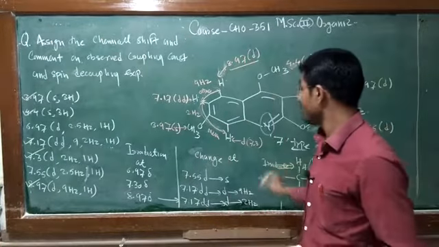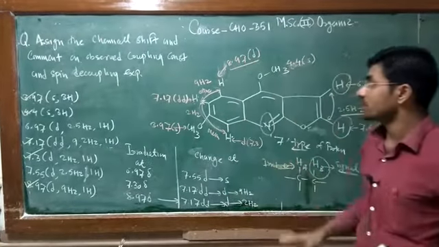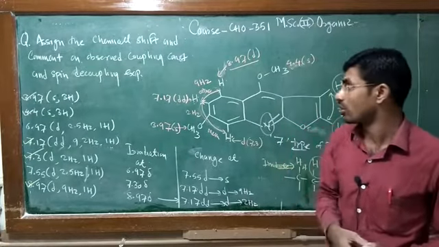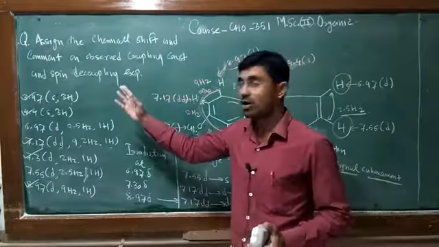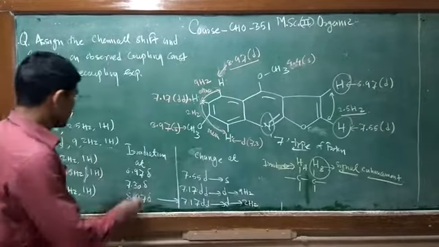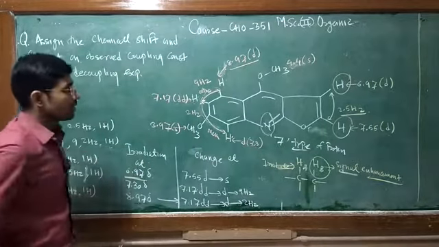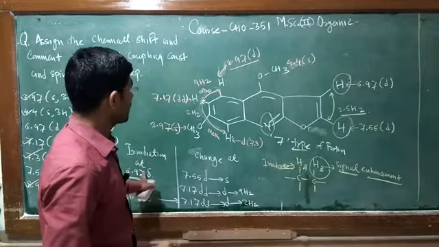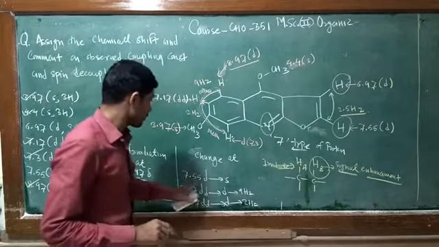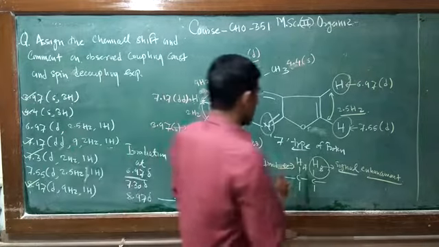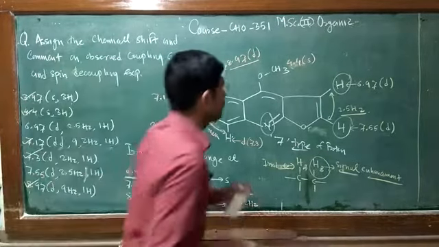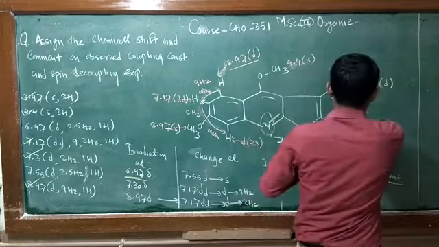In NMR, this is nothing but homonuclear decoupling. After irradiation, homonuclear decoupling occurs, so we have to comment here on the spin decoupling experiment. Irradiation at 6.97 delta: if you irradiate this proton at 6.97, the 7.55 doublet changes into a singlet.